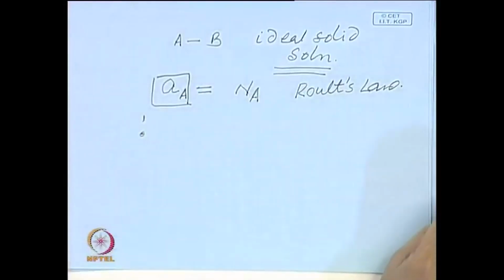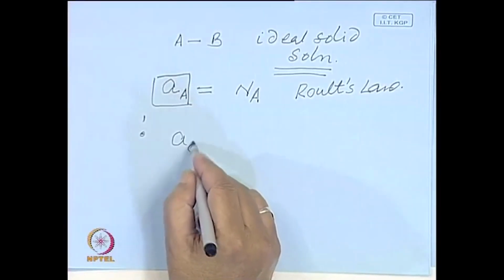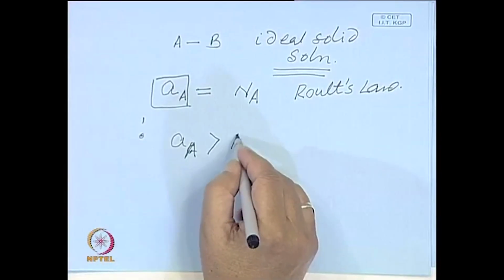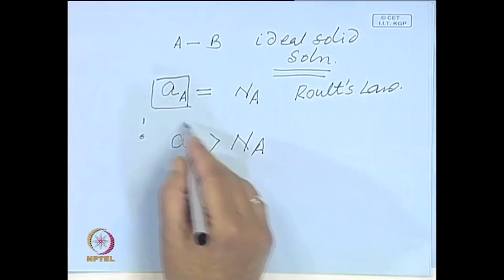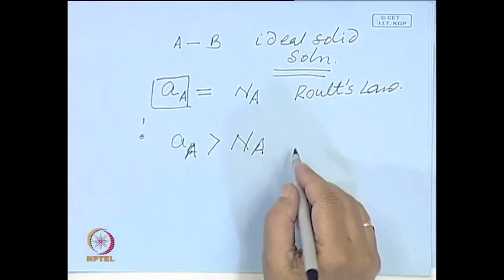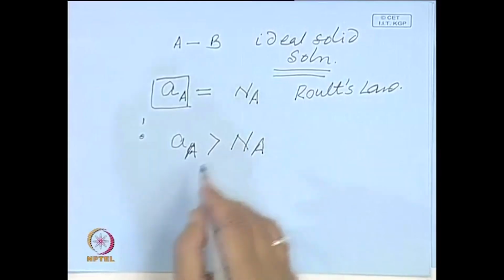But very often this kind of ideal system is non-existent. Many times we will see formation of clusters or some kind of ordering. If cluster formation takes place, then the activity of A is greater than the atom fraction N_A. That means in a cluster, locally, the concentration of A will be higher than the actual atom fraction of that particular alloy.